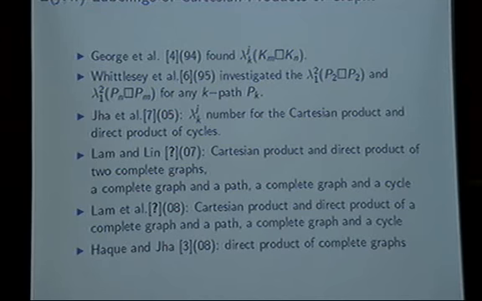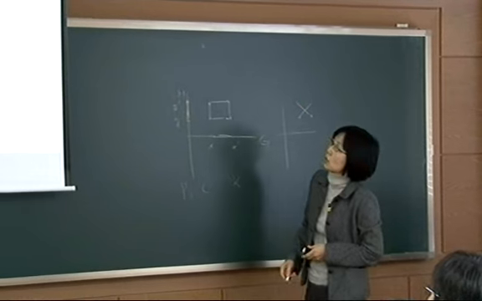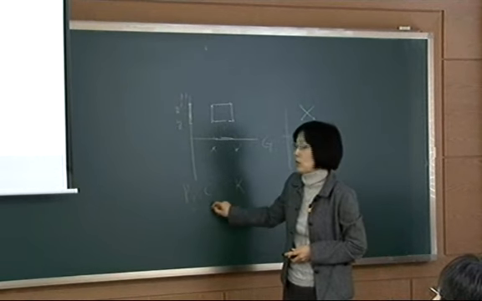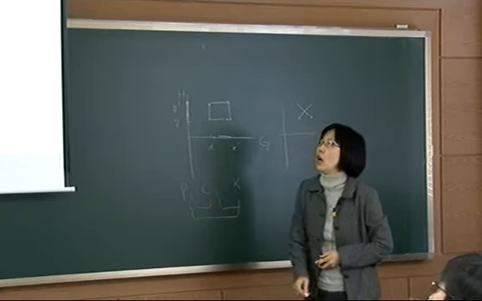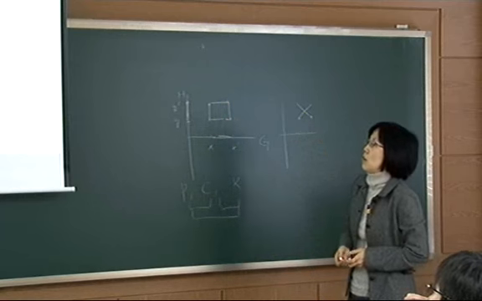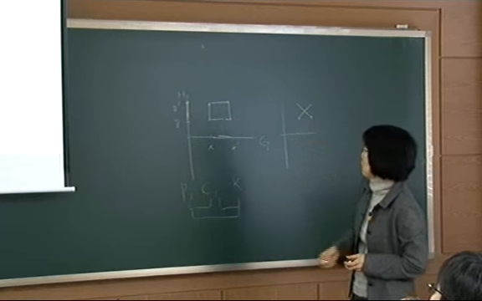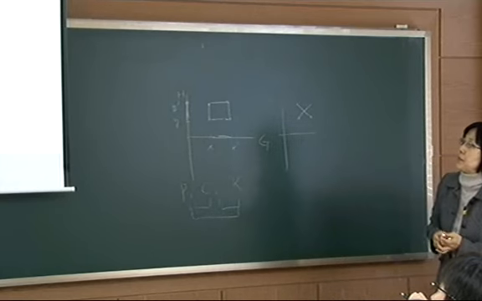And if you have a complete graph, it's easy to find the lambda of a complete graph. And there are also results about the product of two of these graphs. So they are all about those results. But still, they all talk about the product of two graphs, not multiple of them.